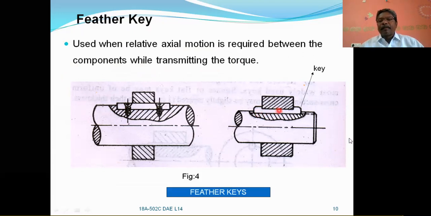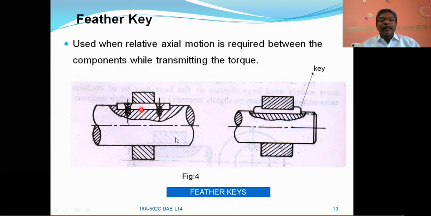Another is the feather key with a double jib head, the double headed feather key, and sometimes we may also have a single headed feather key. And a peg feather key is also there.